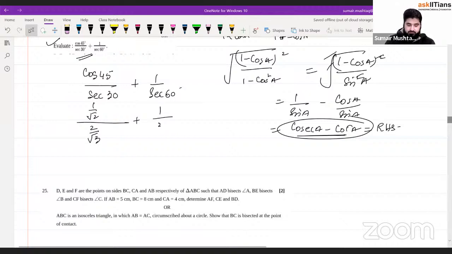Is that okay? I think we can go for this thing. Wait. Is it secant or is it sine?